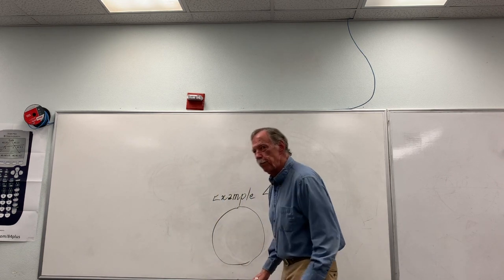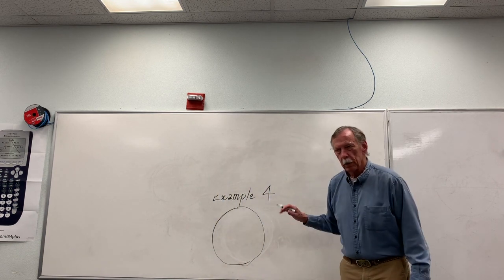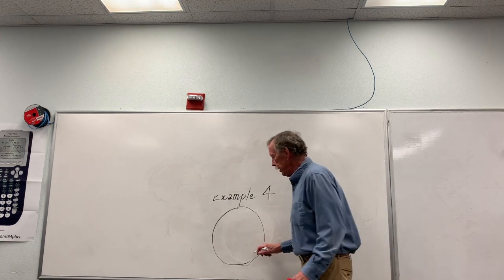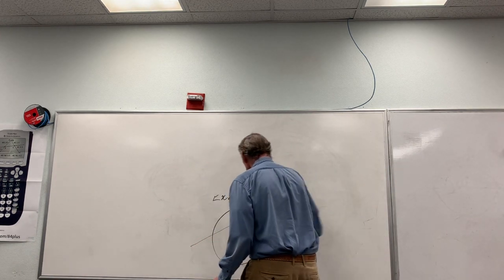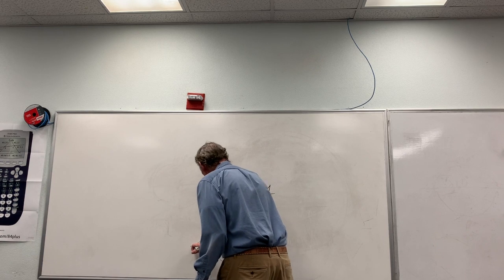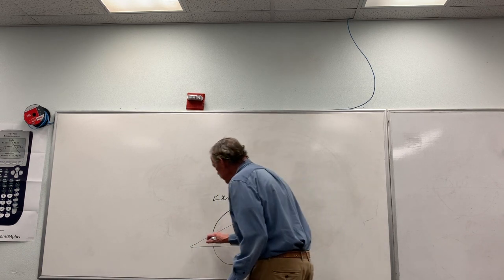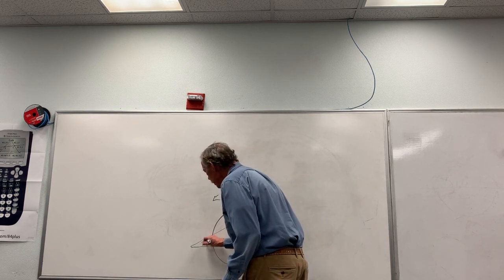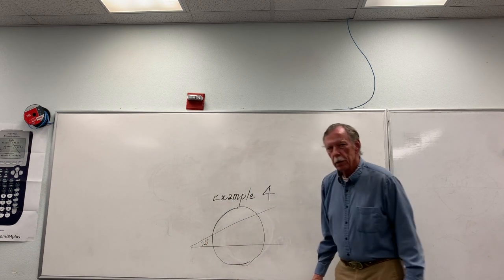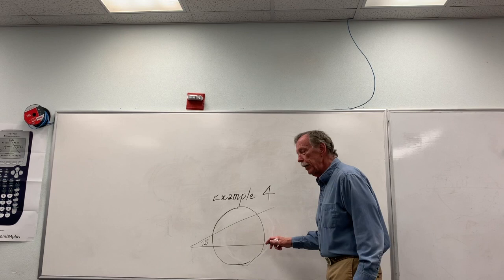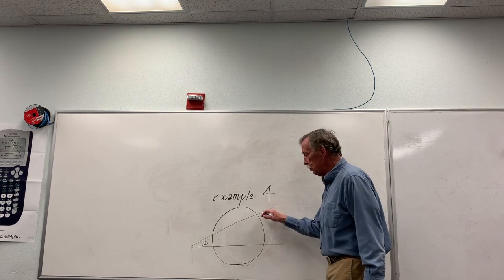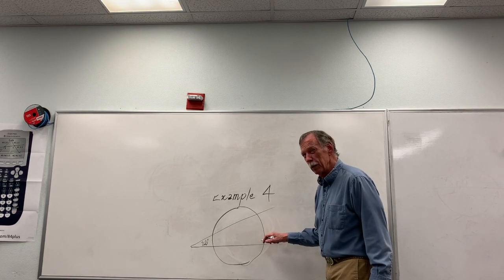In example 4, what we're going to do is change the problem just a little bit, not very much. We're going to tell you that this angle here is 26 degrees, and that this arc over here, the big one, can you see it?